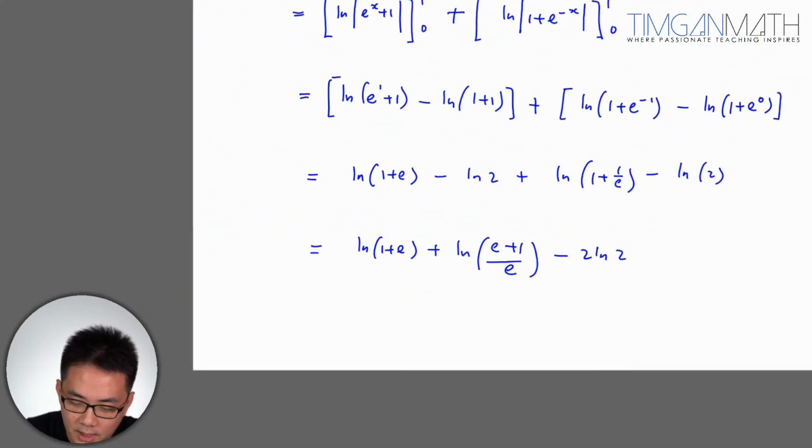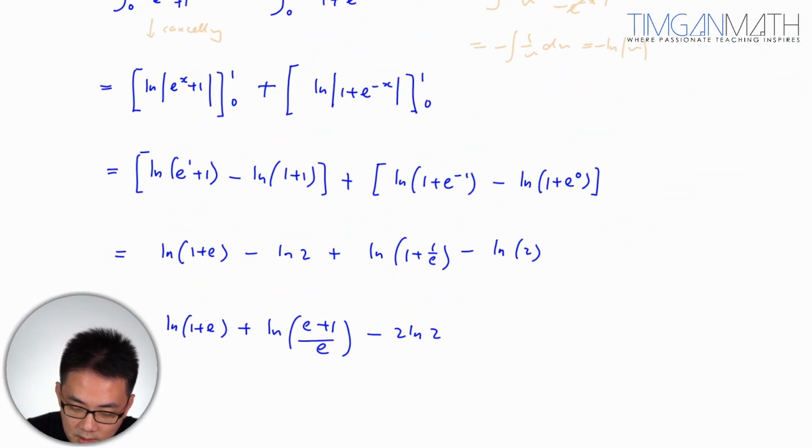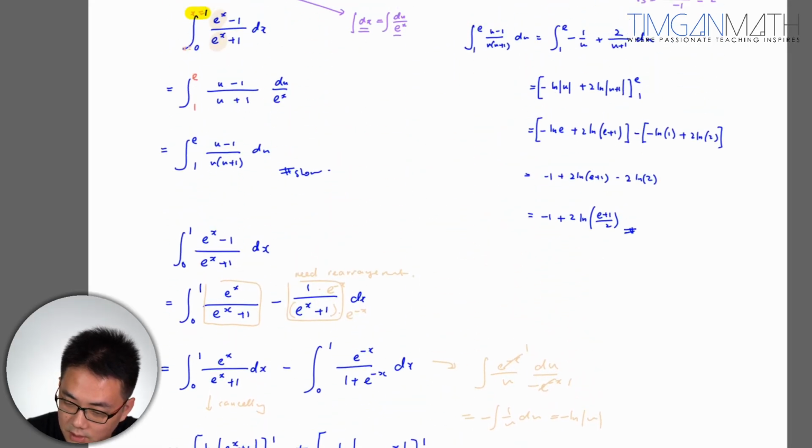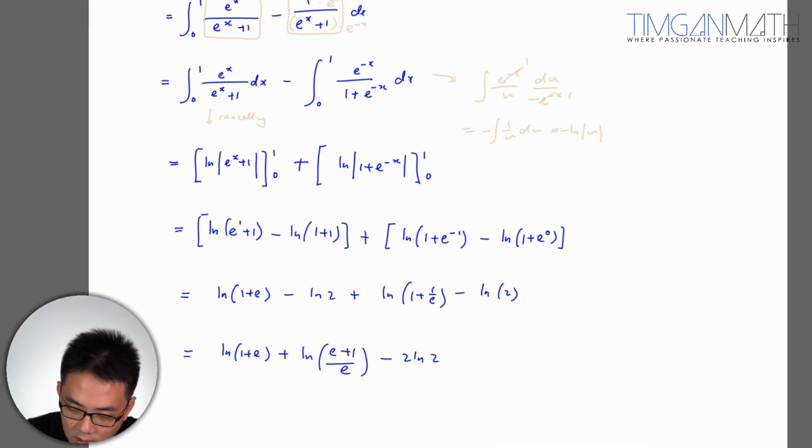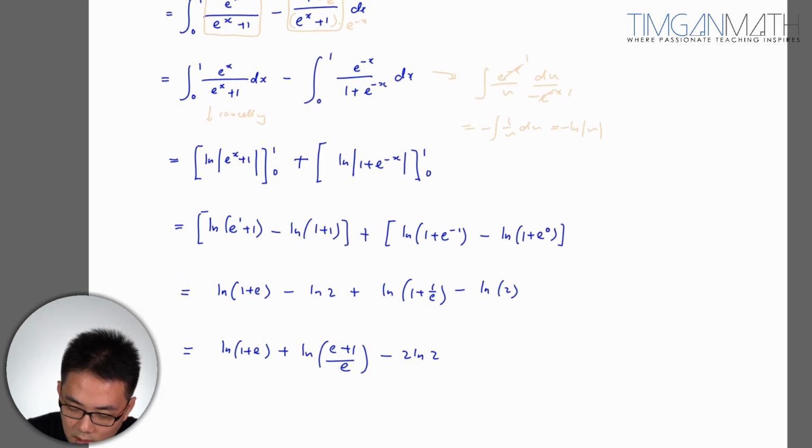I suspect that this is the same expression as this. There's a minus 1 here, so how do I get negative 1 there?